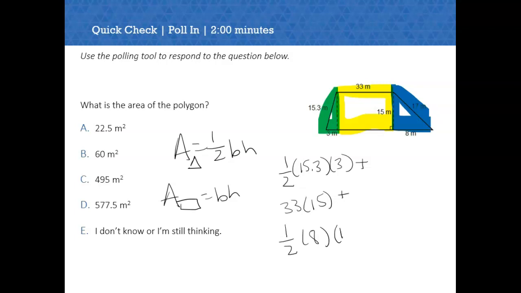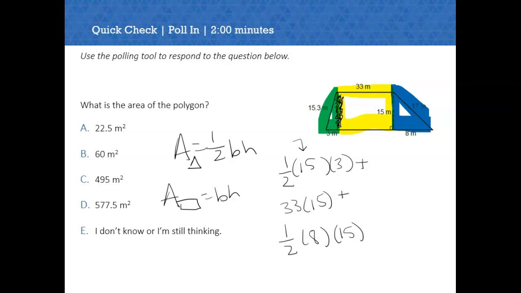height. Now, I just realized when I did base times height here that I messed up this 1/2 base times height. So 1/2 times 3, that's the base. The height of this triangle is this right here. Here's the height. You want to use the straight up and down. So instead of 15.3, this should just be 15.